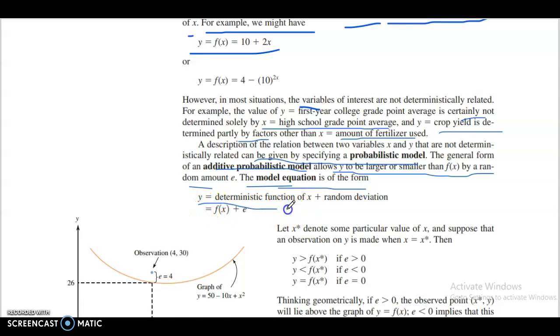Let x denote some particular value of x, and suppose that an observation on y is made when x equals that value.